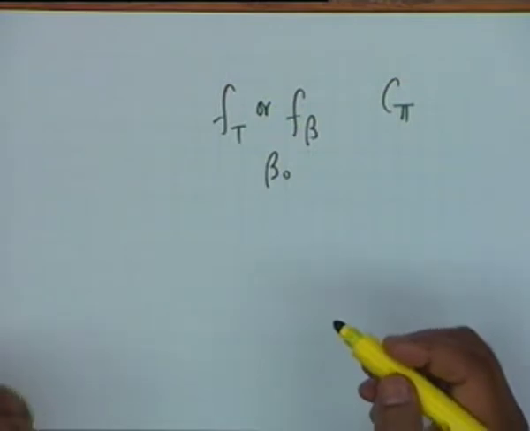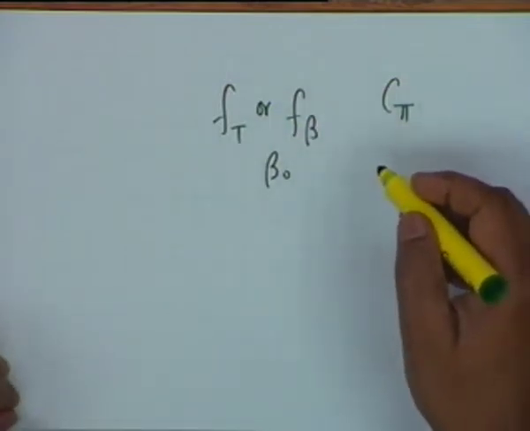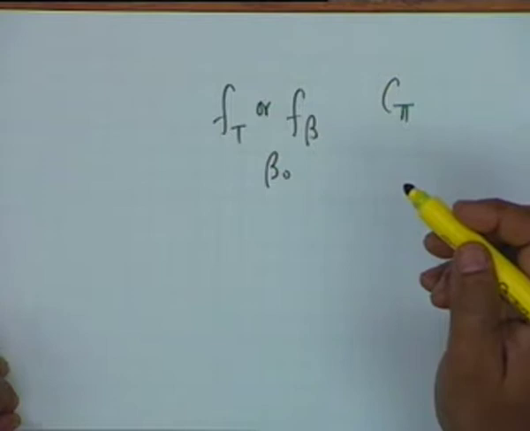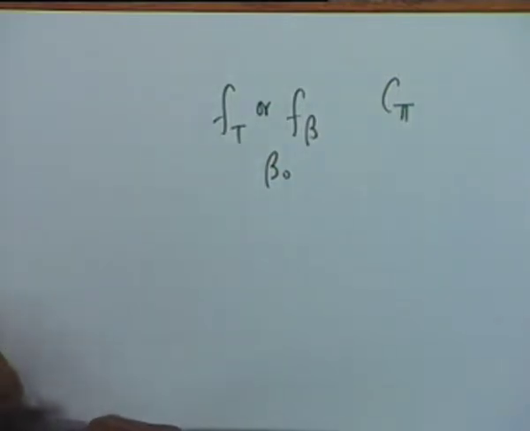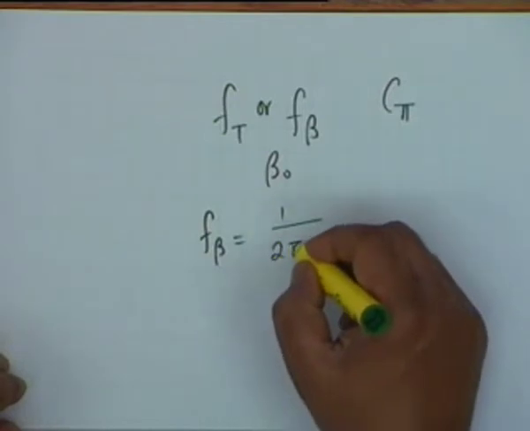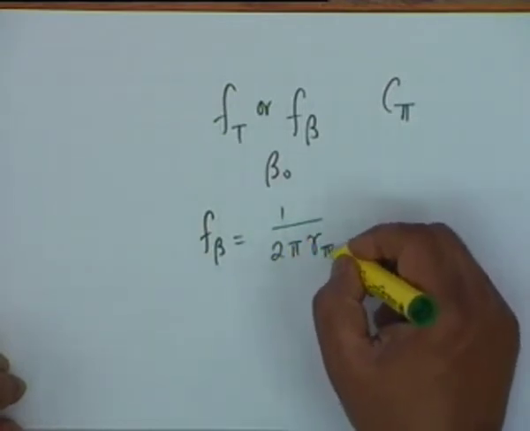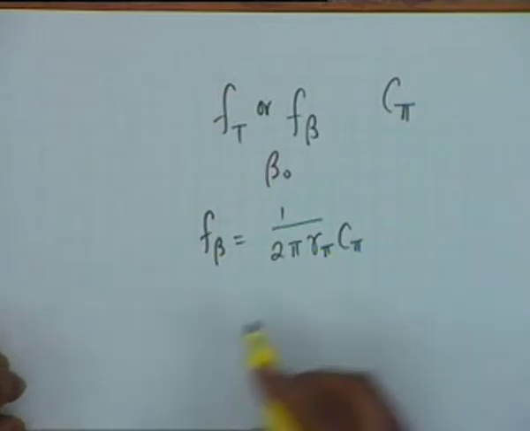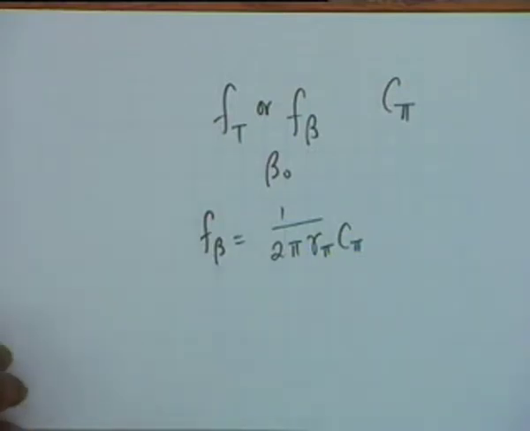Is that enough for specifying a transistor, f beta and f t? F beta, as you know, is 1 over 2 pi r pi C pi. So it is not enough to specify f beta and beta, r pi must also be specified, or you must find out r pi. How do you do that?